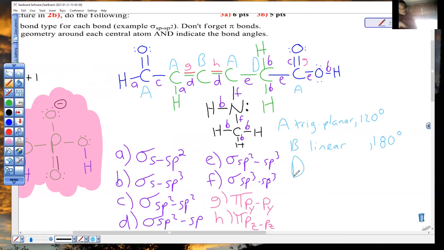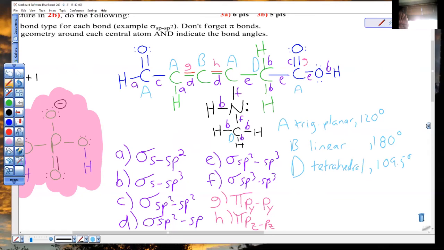And D, you don't have to skip the letter C. You don't have to put up with my nonsense. There's another D here. Those are two carbons that are sp3. The angle for sp3 is always 109.5. And when there's no lone pairs, we call it tetrahedral.